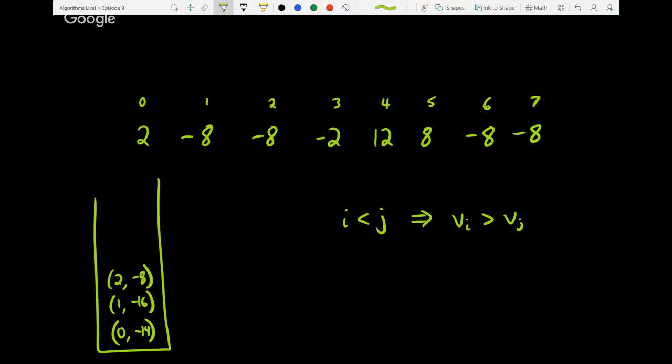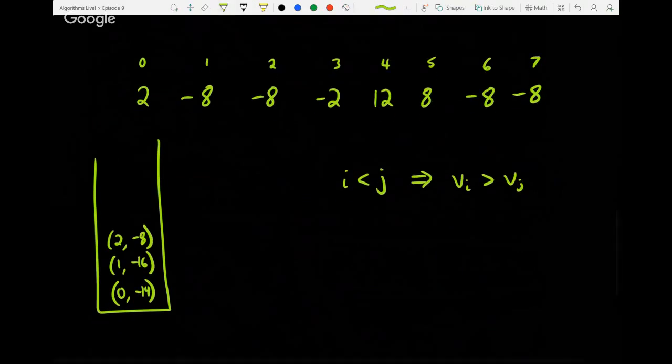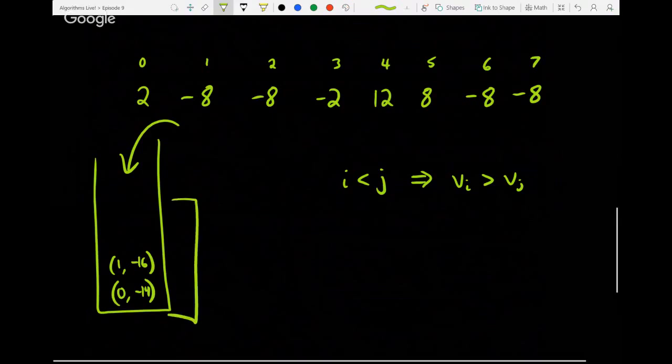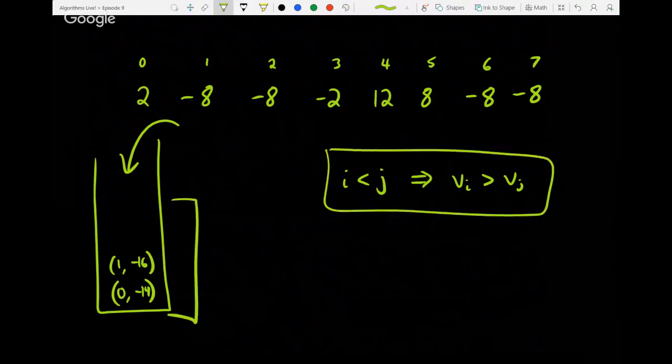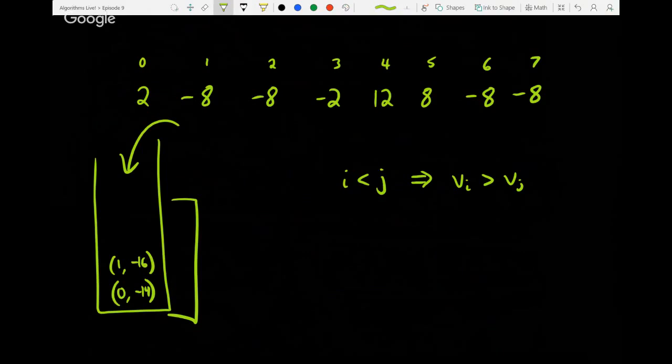And now I have my first problem. This -1, -6 does not meet the stack invariant of what I ended up adding. So when I'm pushing something onto the stack, what I can guarantee up to that point is the entire stack meets this invariant. Luckily, this invariant is transitive.